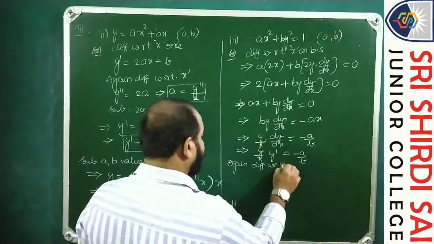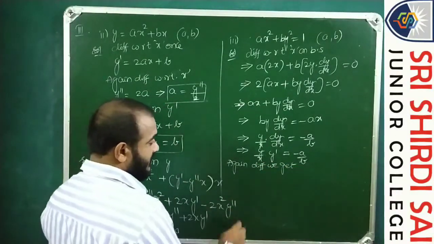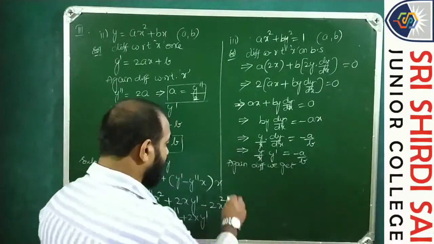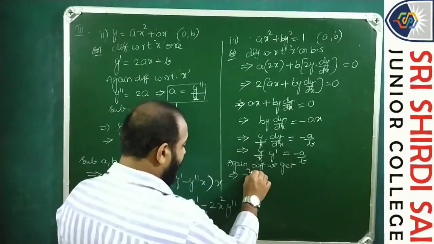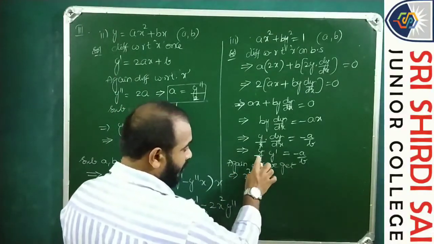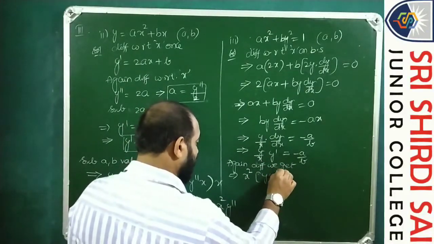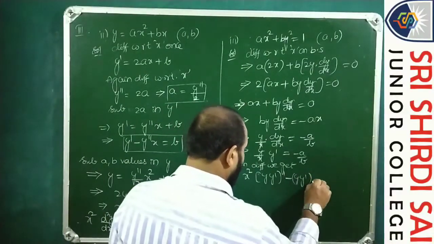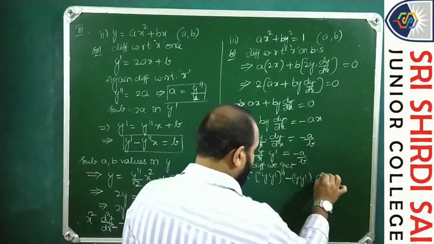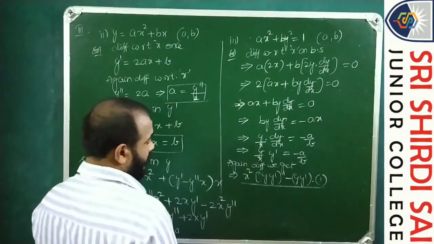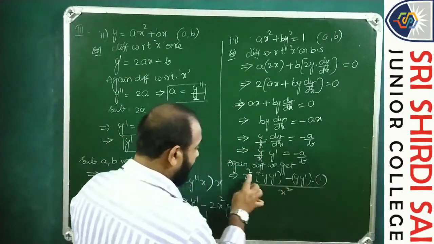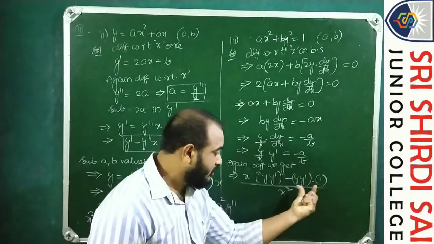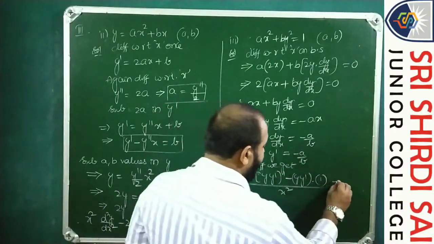we get, so this is y dash by x, this is u by v. So it is v u dash, that means the derivative of y dash, which is y double dash, minus y dash into the derivative of x, which is 1, by x square, because it is v u dash minus u v dash by v square, is equal to the constant's derivative, which is 0 here.